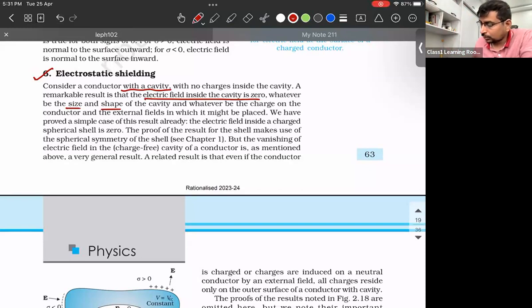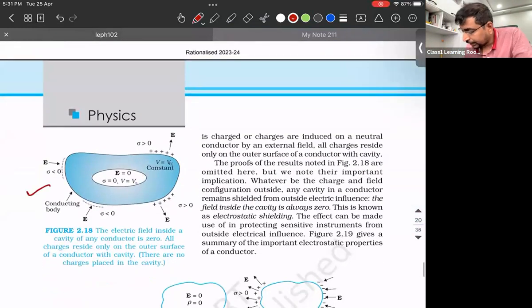If I take a conductor that has a cavity inside, in that cavity, what is zero? The electric field is zero, charge is zero, but what is constant? According to the fourth point, the electrostatic potential is a constant.